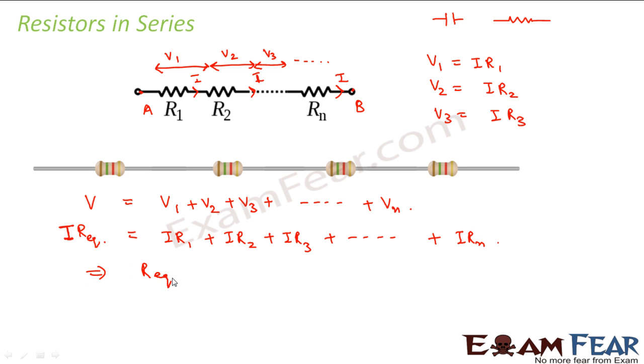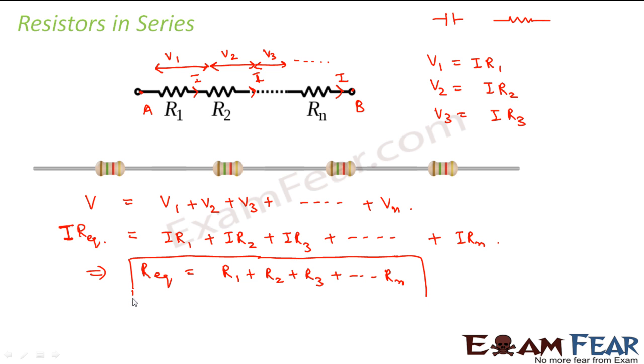Therefore R equivalent is equal to R1 plus R2 plus R3 and so on till Rn. That means if resistors are connected in series, then the equivalent resistance of the circuit is equal to the sum of the resistors in the circuit.